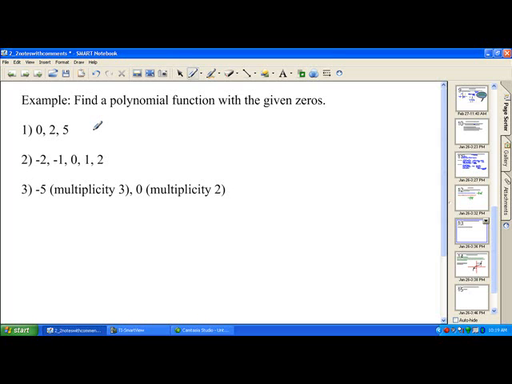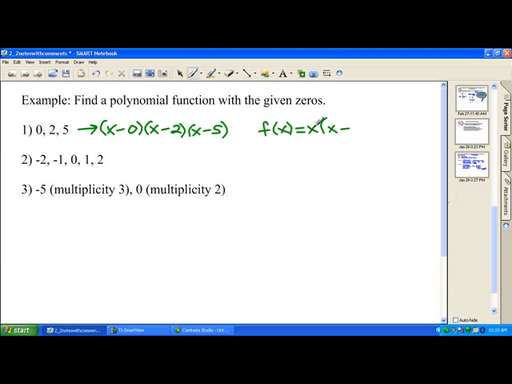So knowing the zeros tells us how the factorization of the function is. So if I have the zeros are 0, 2, and 5, then that means that x minus 0, x minus 2, and x minus 5 have to be factors of the function f. So f of x would have to be, in this case, x times x minus 2 times x minus 5.